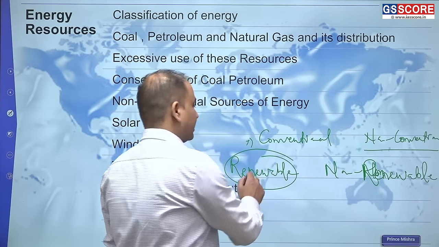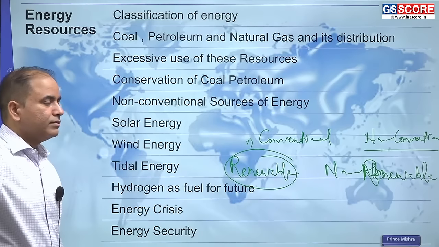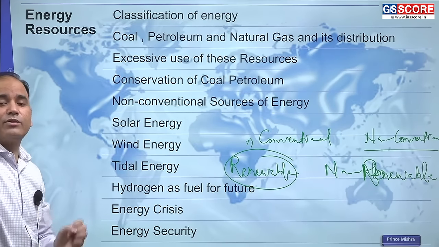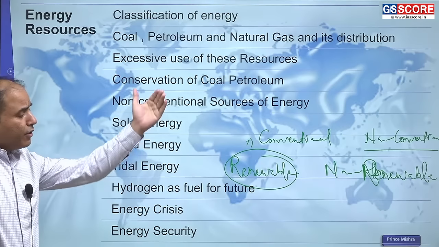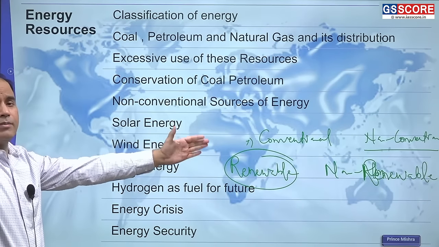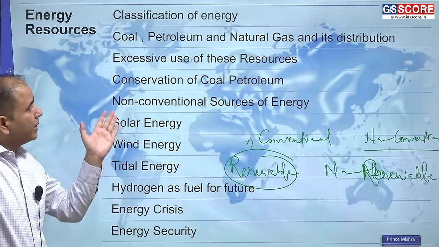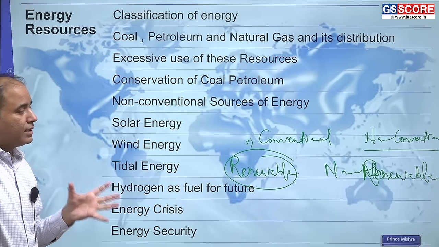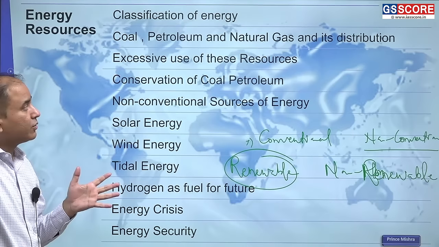So in a way they get regenerated. Non-renewables are those that are present in limited quantity. And non-renewable sources happen to be the conventional ones. So you have coal, petroleum, natural gas. Coal, petroleum, natural gas happen to be the non-renewable resources.